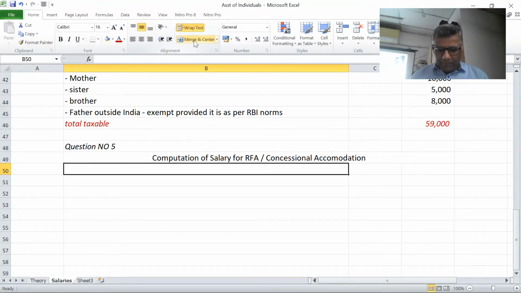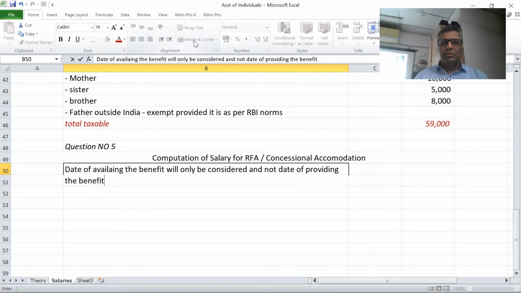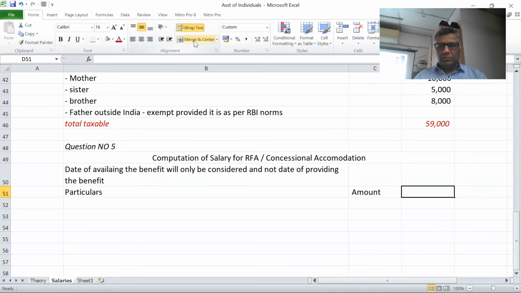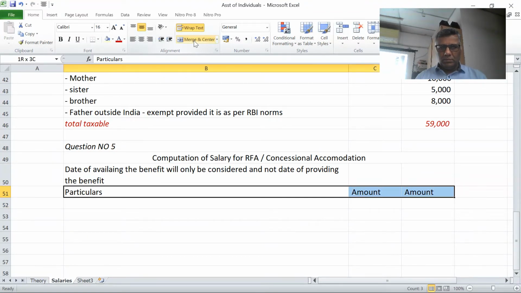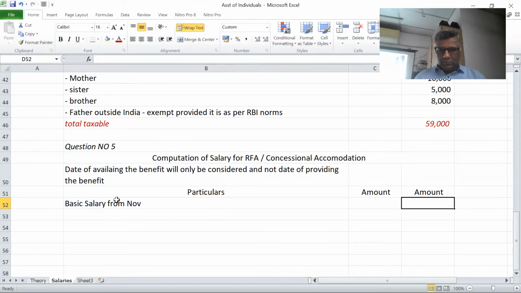First note is date of availing the benefit will only be considered and not date of providing the benefit. So for 5 months only I will take.